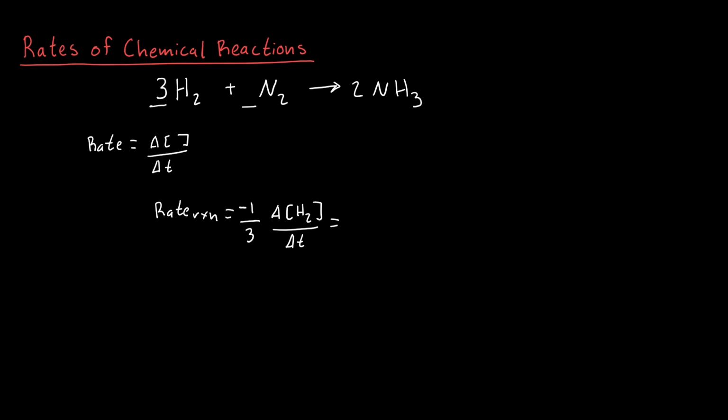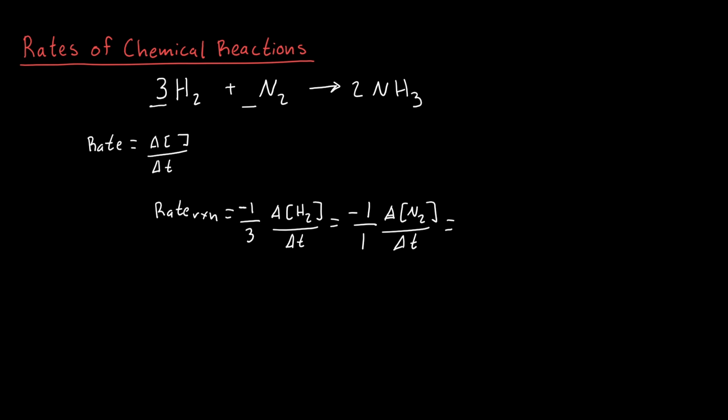And then we can set this equal to both our other reactant and the product by doing the same thing. So for nitrogen, it's our reactant, so it should be negative, and the coefficient is 1, so we put 1 in the denominator. And then we can just write the change in the concentration of nitrogen divided by the change in time.